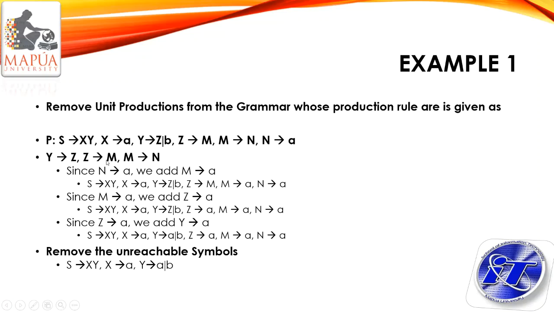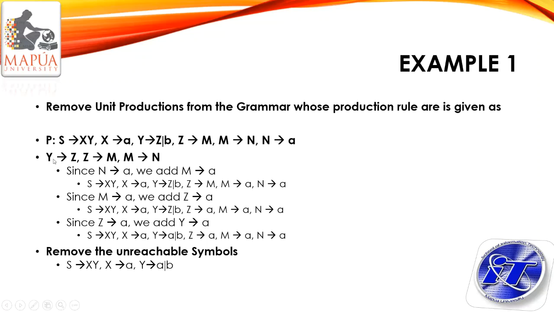And then next would be to remove Y maps to Z. Let's check if we could remove it. Based on the second cycle, Z will yield a, a small a terminal symbol. Since we have this format, Z could be replaced by a.